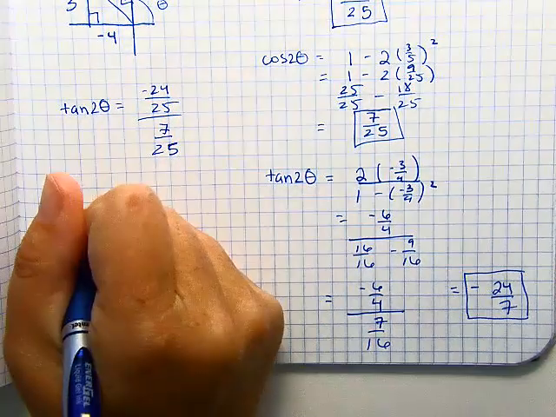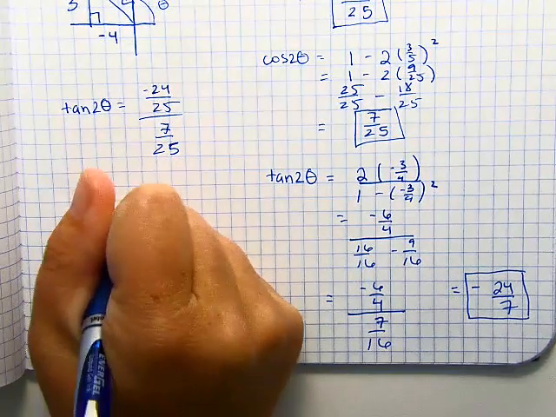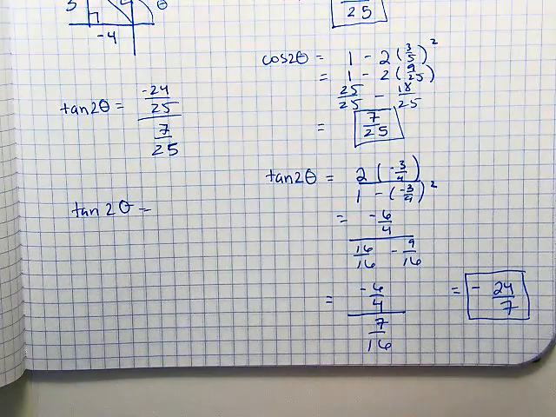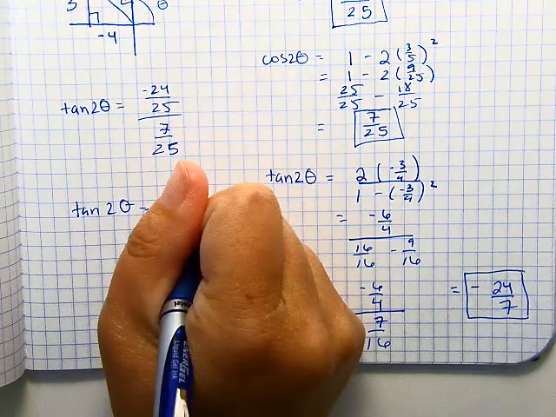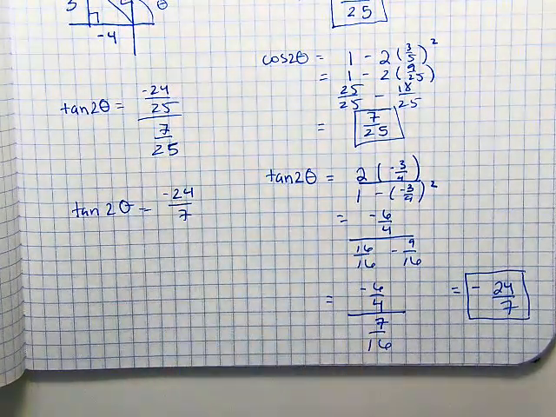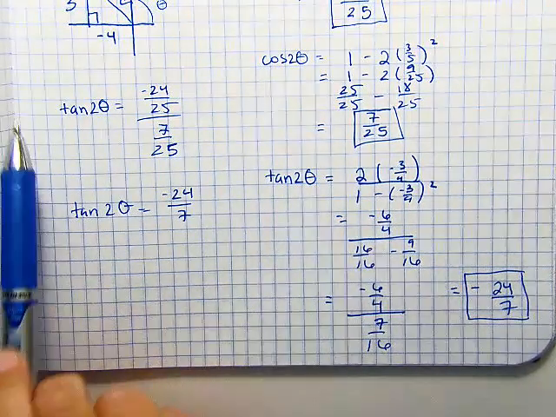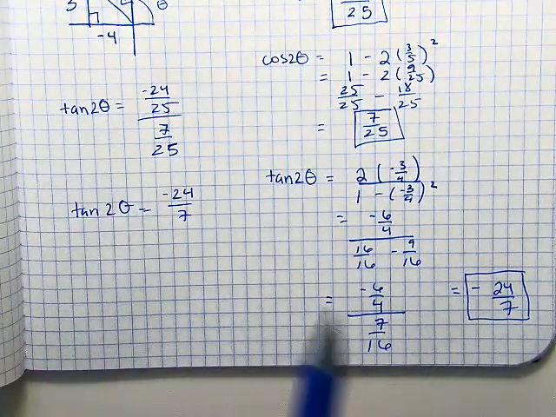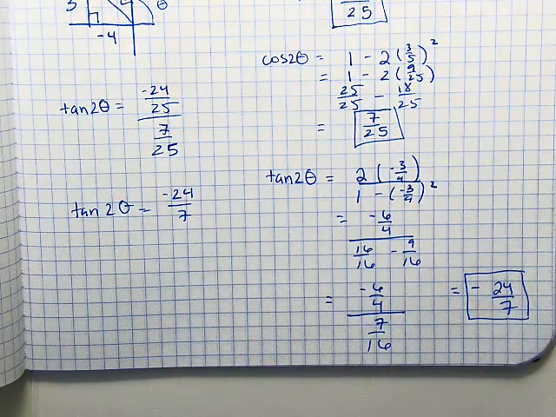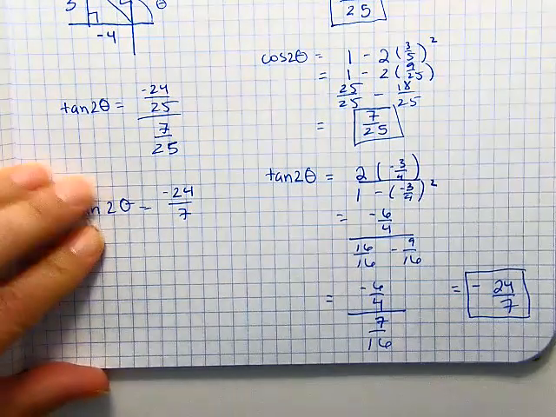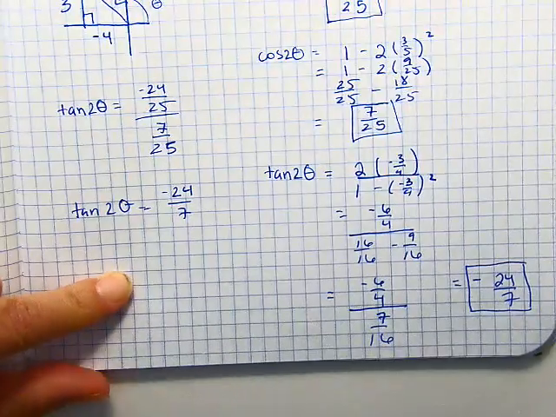And then when you flip and multiply that, what do you know? You get -24/7. So if you're asked to find all three, I don't care if you use a tangent formula or if you know that tangent would be sine over cosine. So I'm going to give you a your turn. And that is what we are doing today.